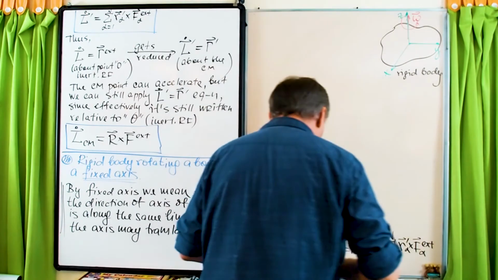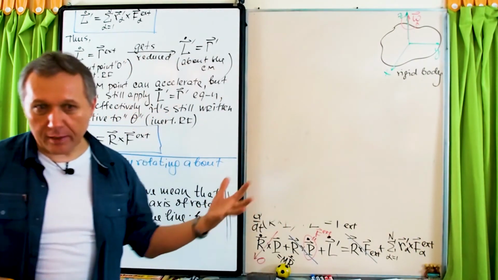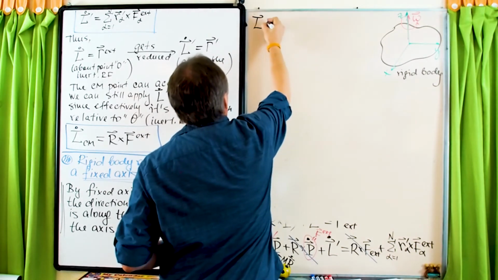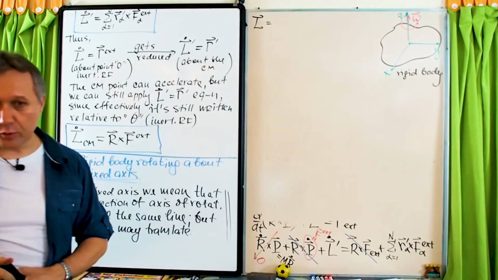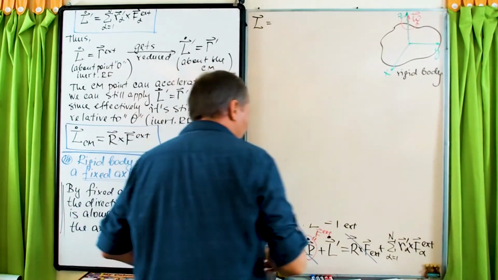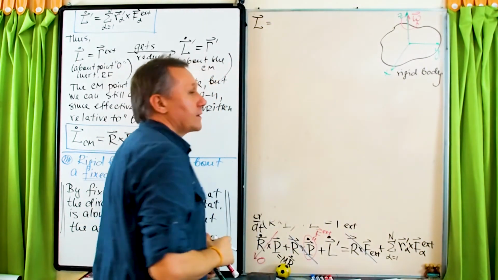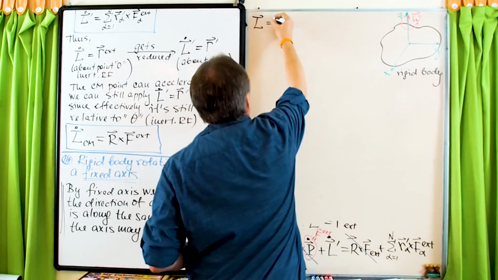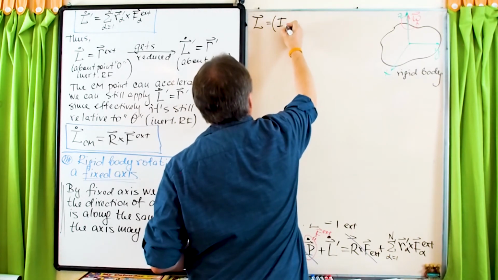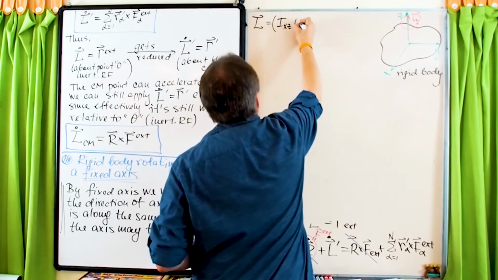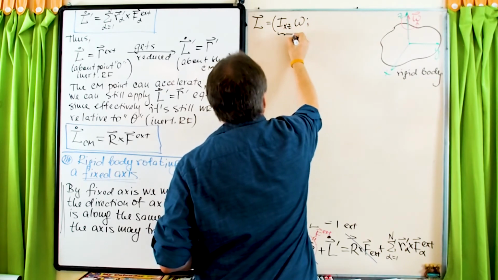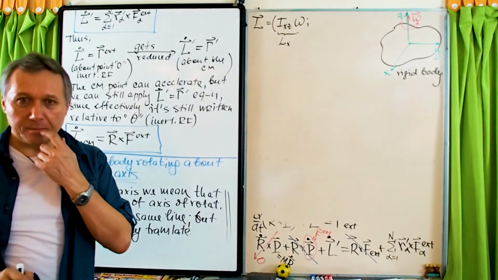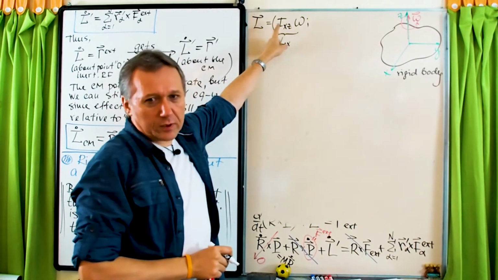Okay, and now, of course, we can derive, but as I said, I'm not going to do it, the expression for the total angular momentum of the rigid object. When the axis of rotation is along the z-axis, we're going to have three components. So I_xz times omega is the x component of the angular momentum, and this is a product of inertia.